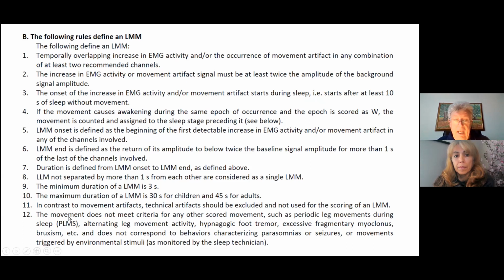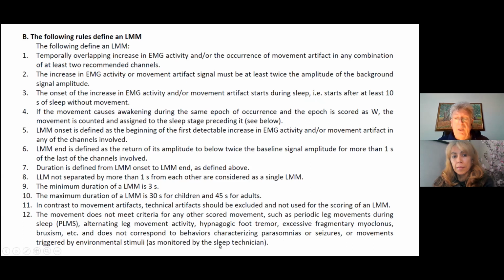Okay, and again, as I was saying before, the movement does not meet criteria for any other scored movement, such as periodic leg movement during sleep or other movements that you know, and should not correspond to behavior characterizing parasomnias or seizures, or movement triggered by environmental stimuli.